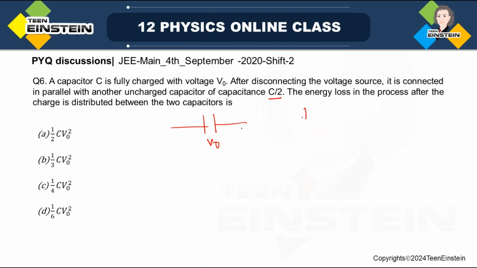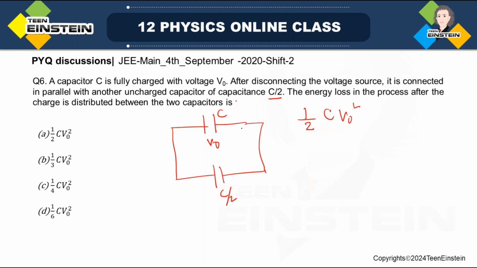This will be storing energy. If C is the capacitance, half C V naught square, this much energy will be stored. Now I disconnect it from the battery and connect it in parallel with another capacitor; this is C, this is C by 2.